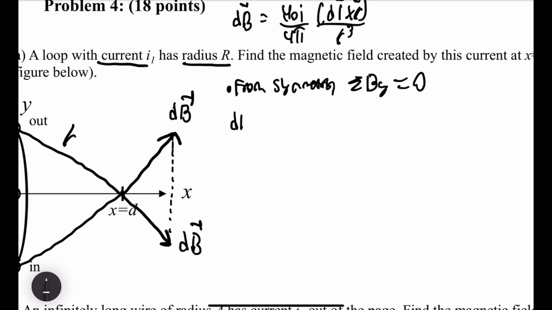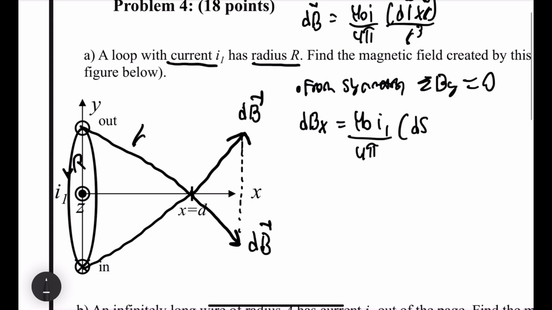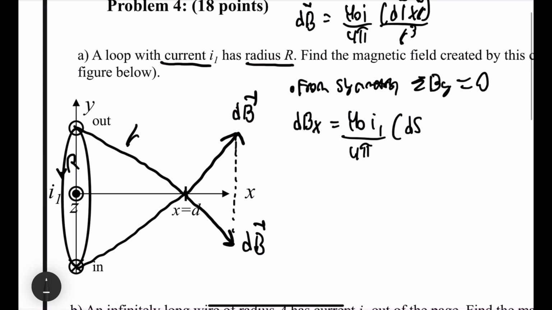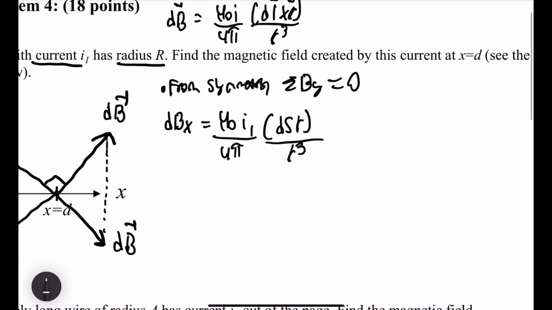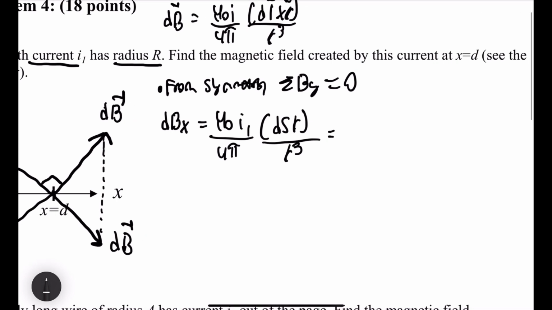I can just write that dBx is equal to mu naught, the current I1 over 4 pi, ds, and then cross r, but in this case we determined it's in the x direction, so we can just have ds times r, because it's a right angle here as well. So ds cross r, I'll just leave it as little r for now, and divide by little r cubed. So I would just have mu naught I1 ds over 4 pi r squared.